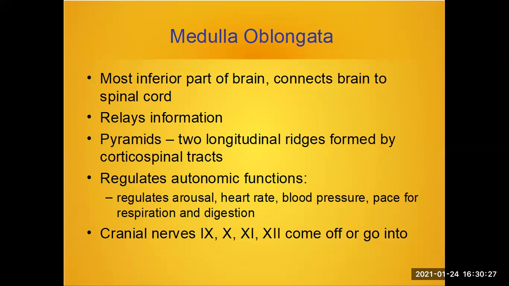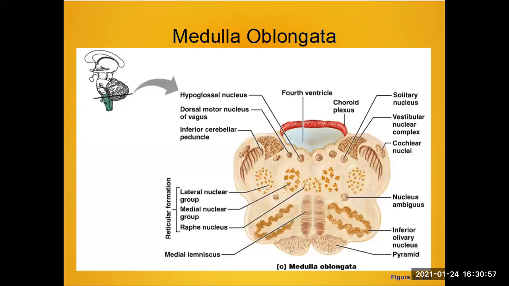It regulates autonomic functions: heart rate, blood pressure, pace of respiration, digestion, and cranial nerves number 9, 10, 11, 12 come off or go into it. Medulla oblongata.